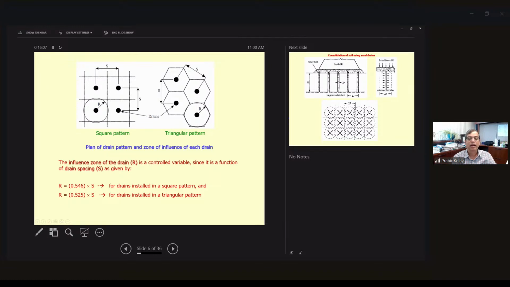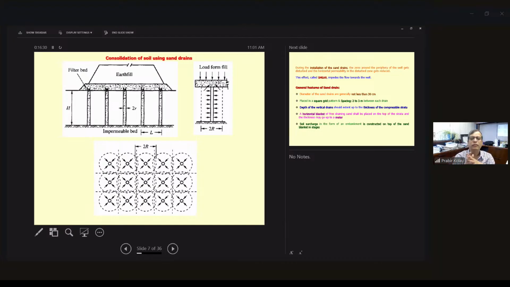You can calculate it using this equation, depending on the pattern. If it is a square pattern, it is 0.546 times S, where S is the drain spacing. If it is a triangular pattern, it is 0.525 times S, where S is again the drain spacing, the center to center spacing from one drain to another.